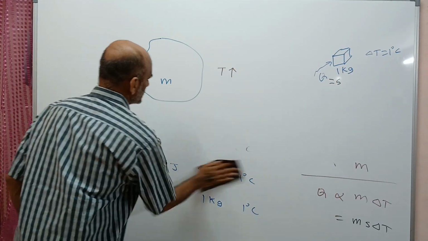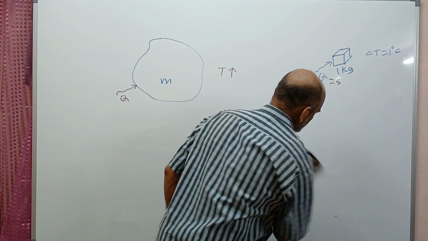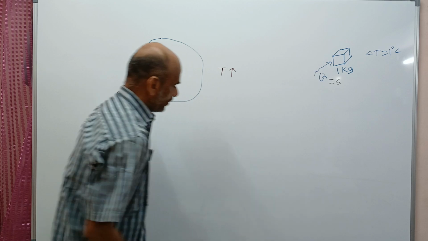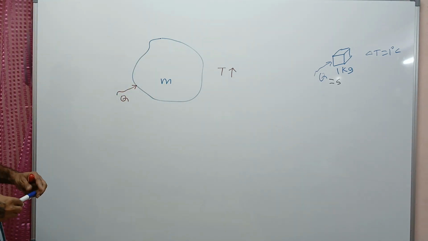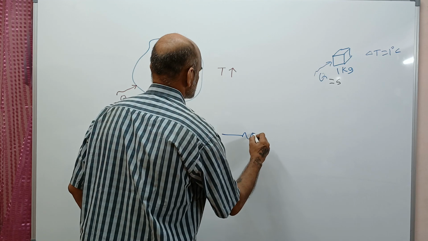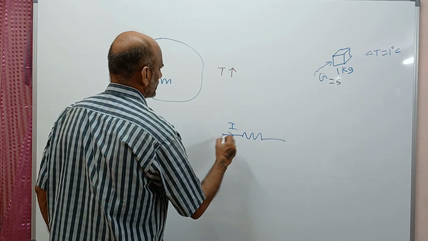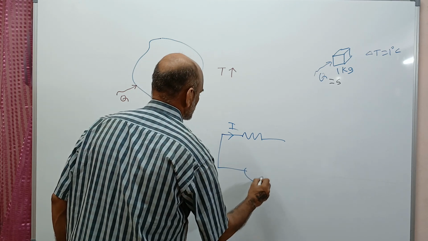Now how to get the heat source to heat this body? We need a source of heat. One of the easiest ways to get the heat source is to have an electric heater. Electric heater is nothing but a resistance, and we have to pass a current through it by using a voltage source.